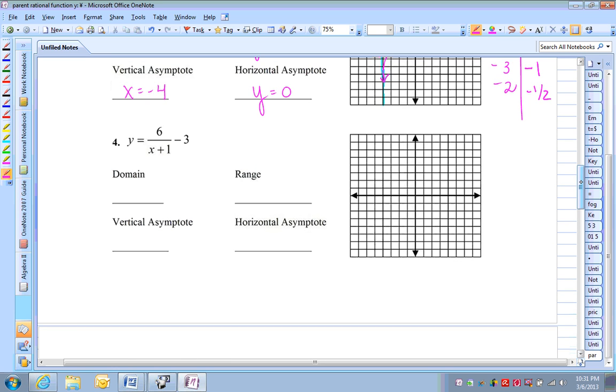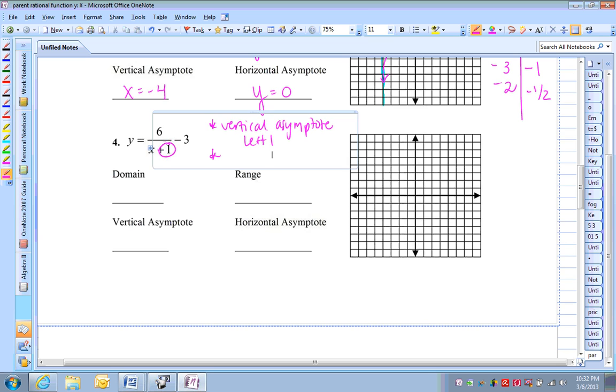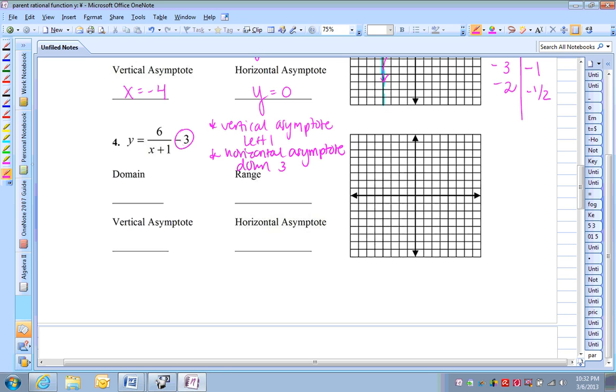Okay, moving on to number 4. This positive 1 tells me my vertical asymptote is going to move left 1. And then this negative 3 in my equation tells me that I'm going to shift my horizontal asymptote down 3. So I can go ahead and draw those in.